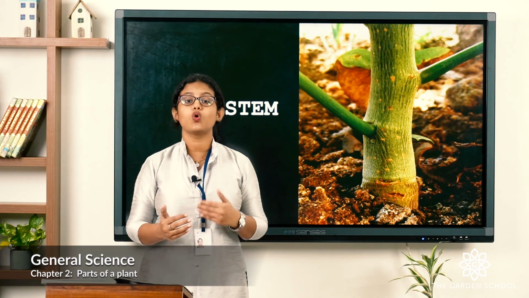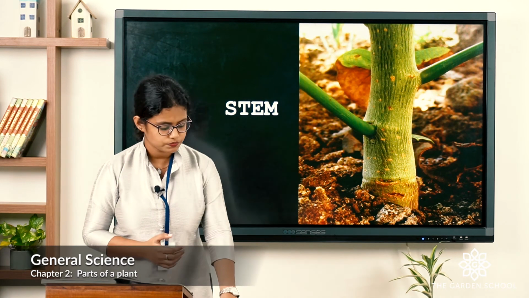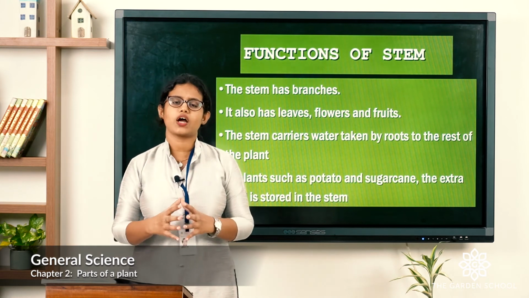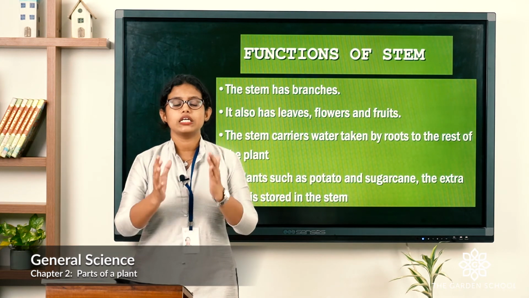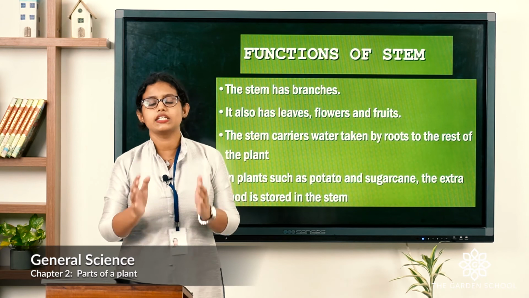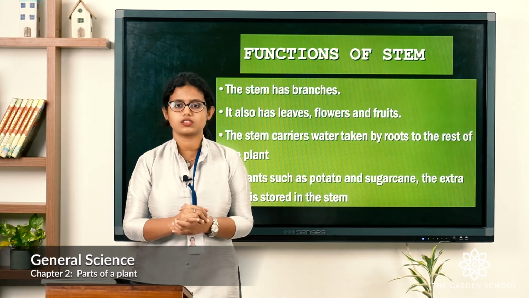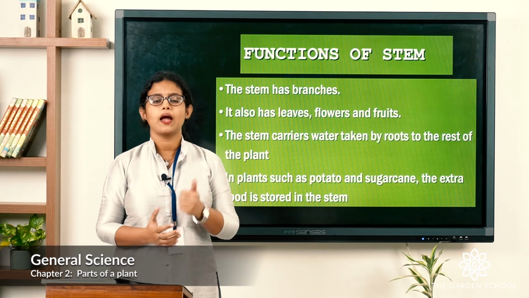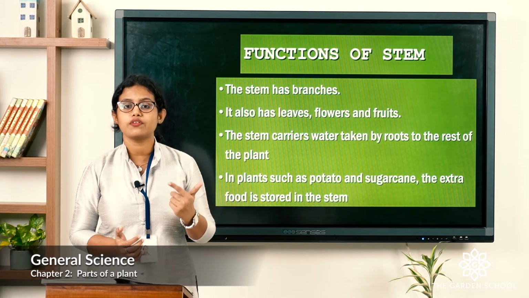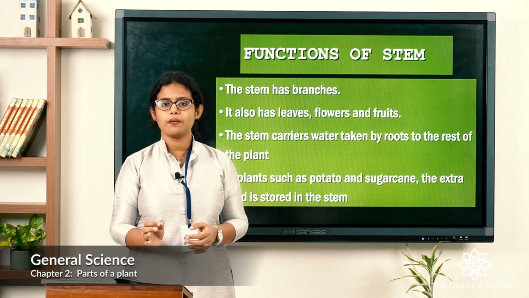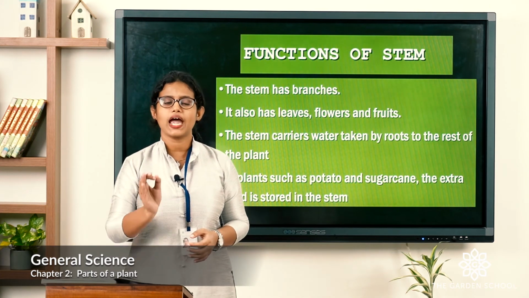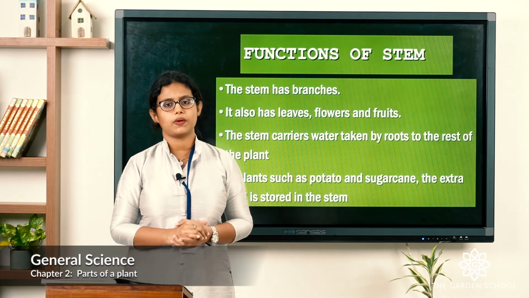Now let's see what the functions of a stem are. The foremost function of a stem is that it erects the plant and carries water and food to all parts of the plant. We all know that plants need air, water and food to live, and the stem transports water and food to all parts of the plant.